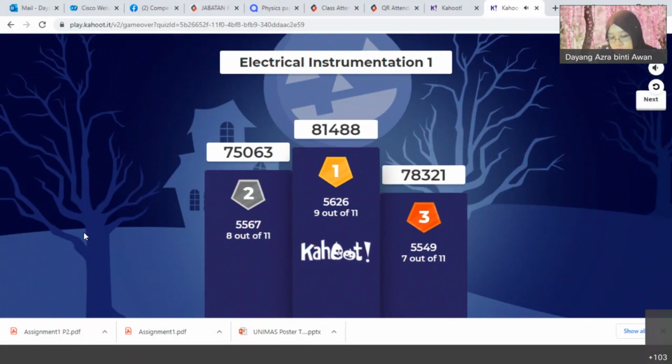And Wizero, you are from mana? Semenanjung ke? Mana orangnya ke?